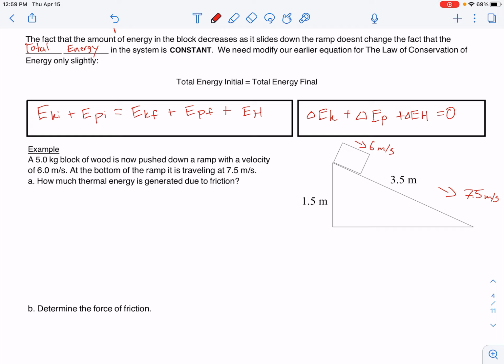So our goal is to determine our thermal energy. Let's break out our formulas. Initial kinetic plus initial potential equals final kinetic plus final potential plus thermal energy.